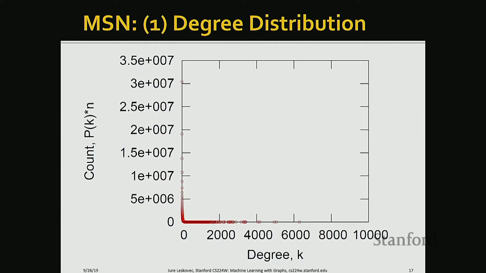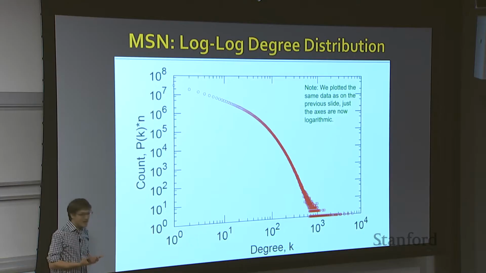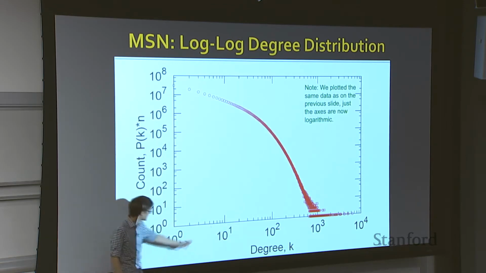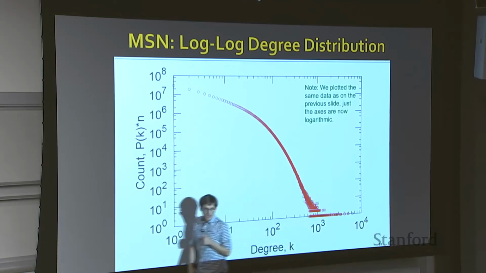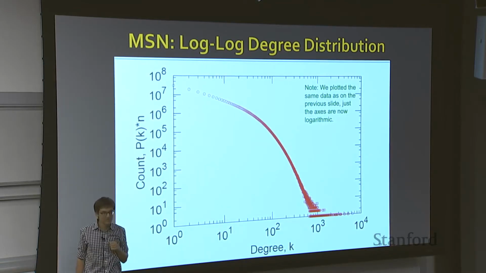But what happens if you take the same data but change how you plot it? You don't plot it on linear scales, but on logarithmic scales, and then good stuff emerges. This is exactly the same data, just with both axes logarithmic. So this is 10, 100, 1,000, 10,000, and this is 10 people, 100 people, all the way to 10 million, 100 million people.